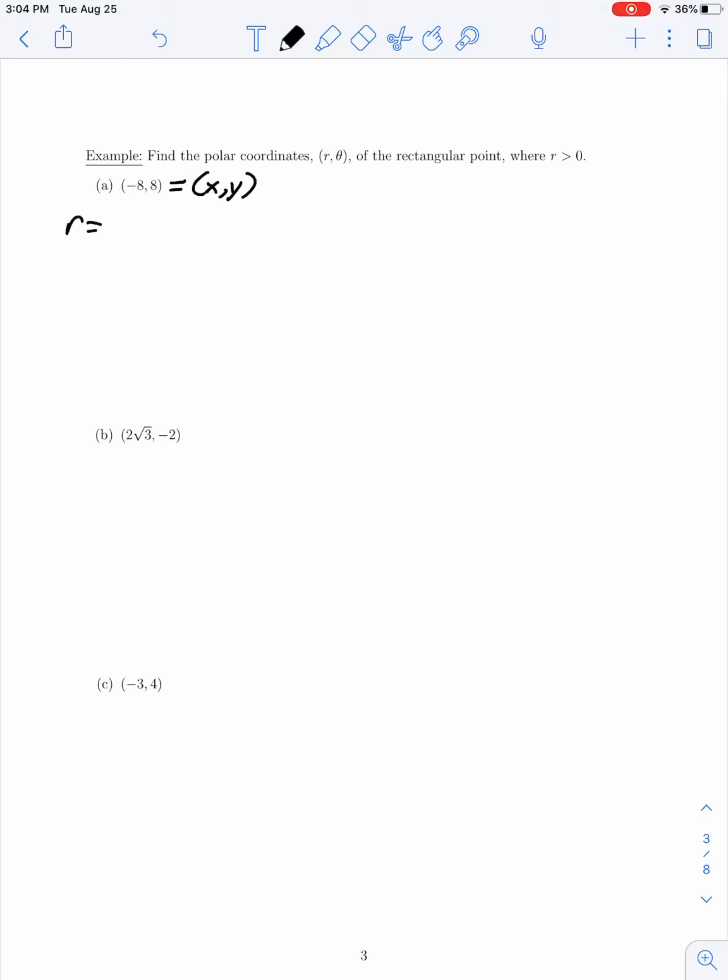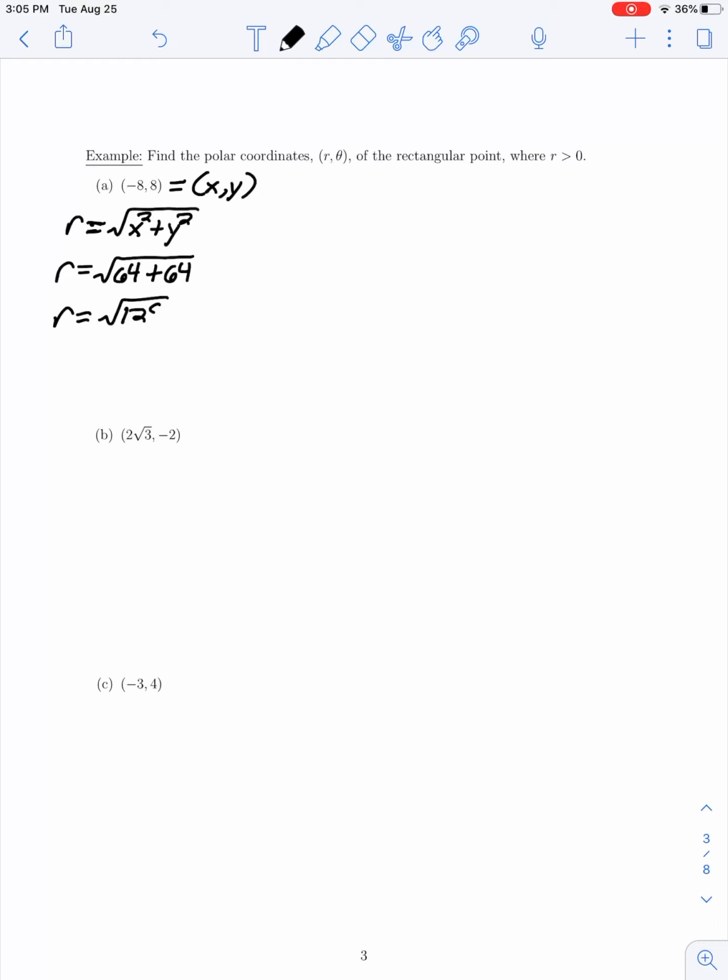So recall that r is defined as the square root of the sum of x squared and y squared. So here r would be the square root of -8 squared, which is 64, plus +8 squared, which is 64.